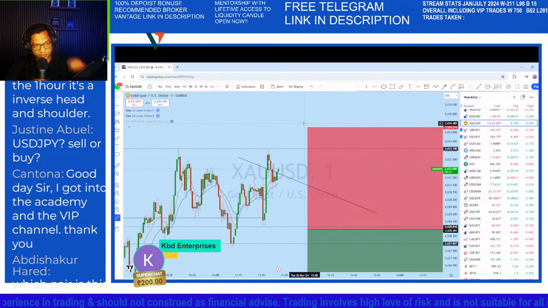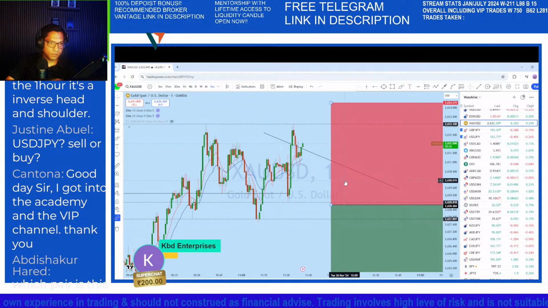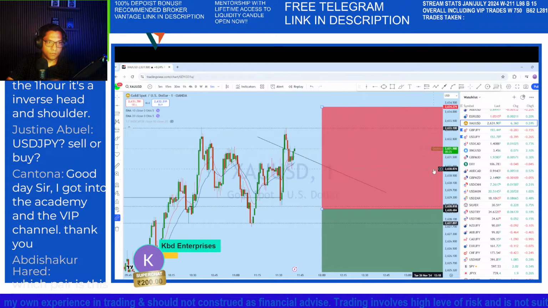So what kind of price action is forming? It's like they're trying to form a bullish market structure here.